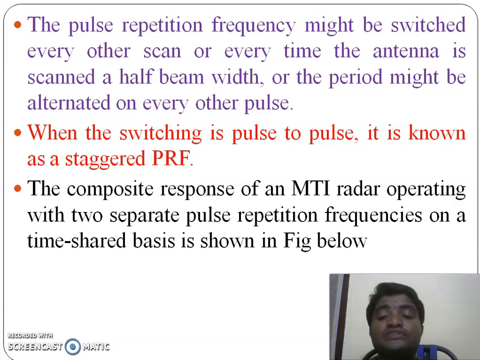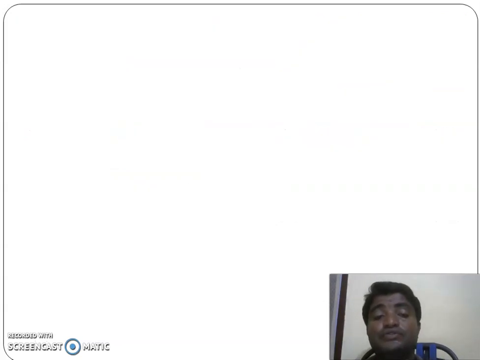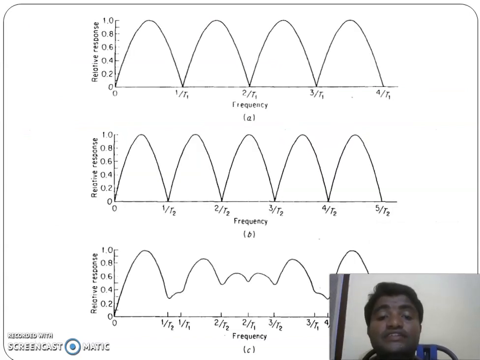The composite response of an MTI radar operating with two separate pulse repetition frequencies on a time shared basis is shown below. The first figure is the frequency response of a single delay line canceller with a pulse repetition frequency of 1 by T1, the second one is the frequency response if the pulse repetition frequency is 1 by T2, and the third figure is the composite response of an MTI radar with the staggered pulse repetition frequencies.